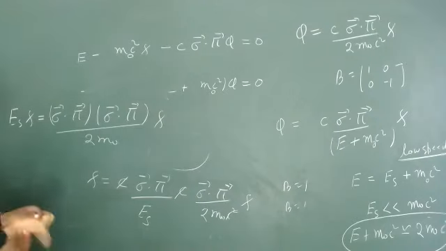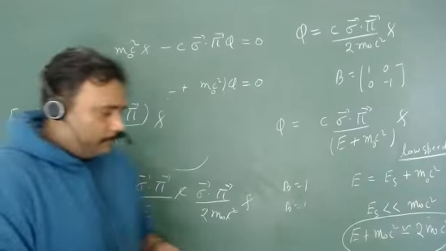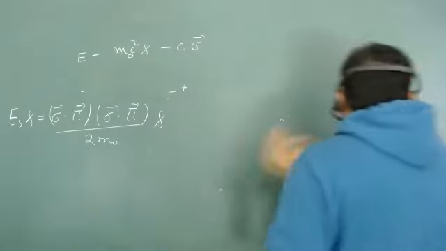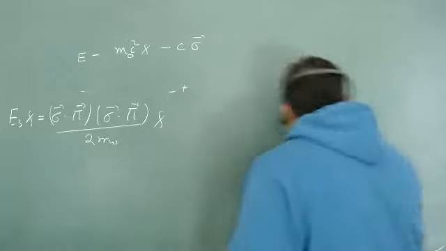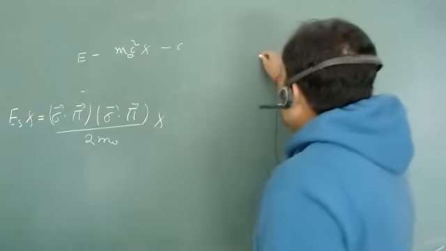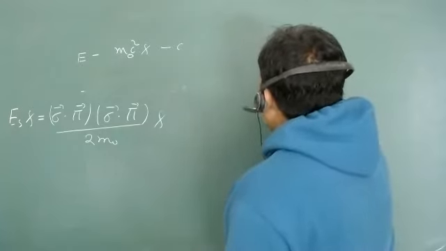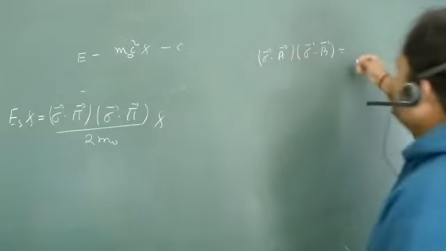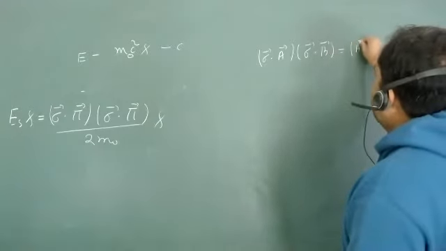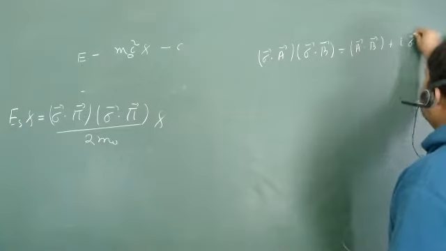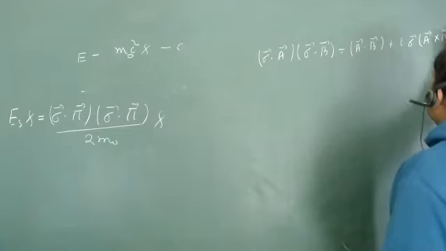Again we have this particular equation: sigma dot A into sigma dot B is equal to A dot B plus i sigma A cross B, isn't it? Yes, sir. This is the value.